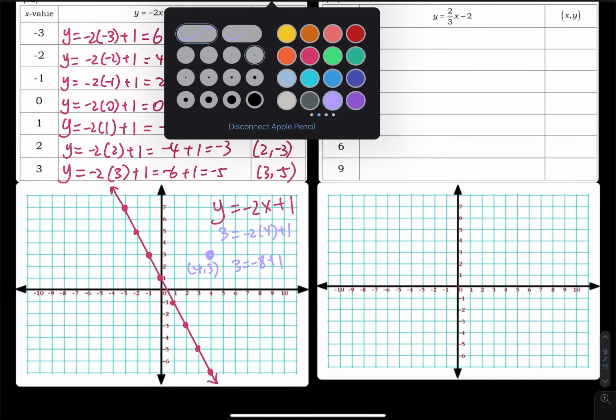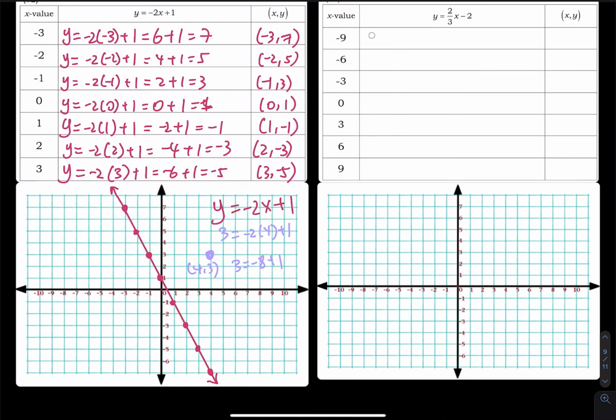Switch to another color. So we have 2/3 times negative 9 minus 2. So that is negative 3 times 2. So that will be negative 6 minus 2, negative 8. So we have negative 9, negative 8. And then 2/3 times negative 6 minus 2. So that will be negative 4 minus 2, which is negative 6.